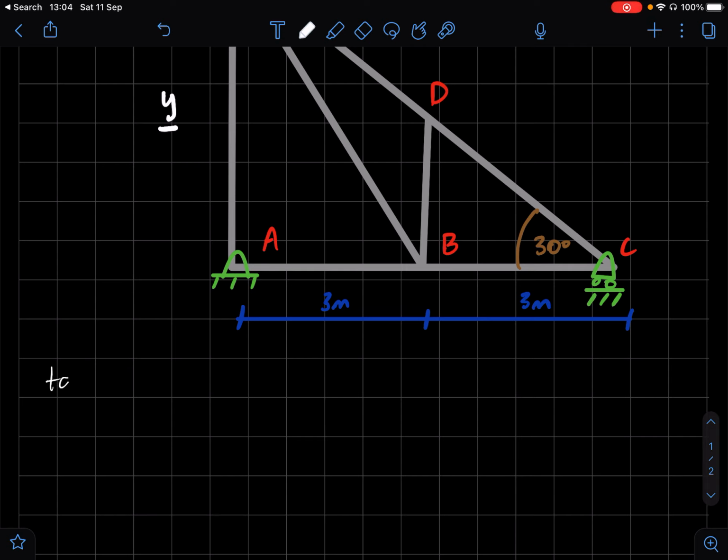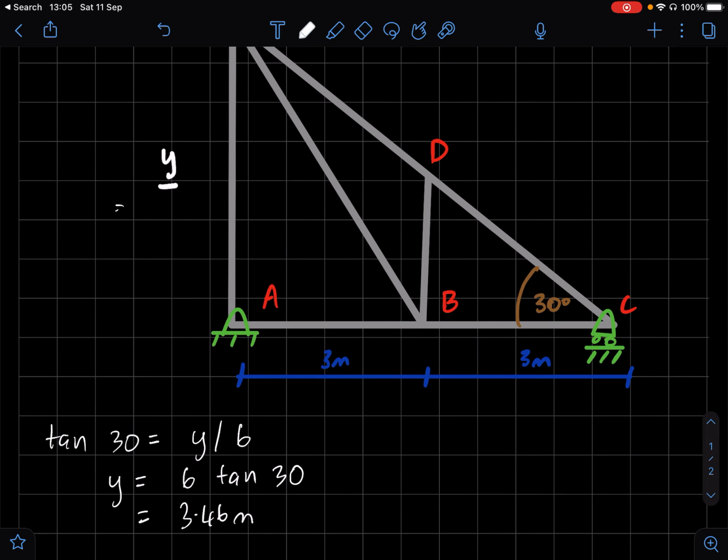So tan of 30 equals the opposite, which is y in this case, over the adjacent, which is 6 meters. So y will then equal 6 tan 30. And if you put that in your calculator, you should get 3.46 meters. Okay, that's good. We've got that one out of the way.